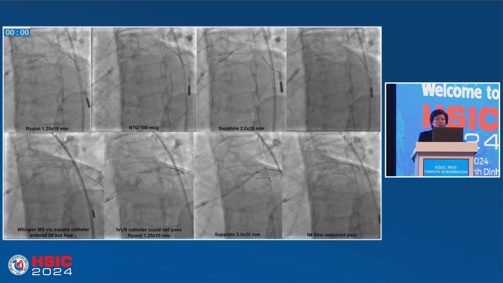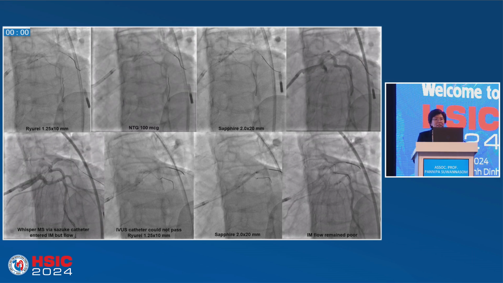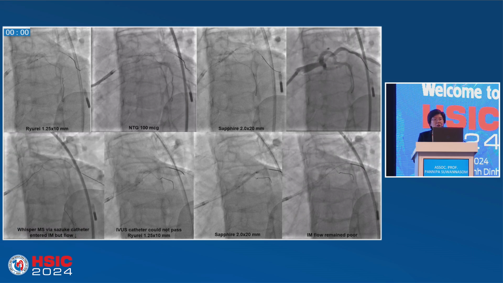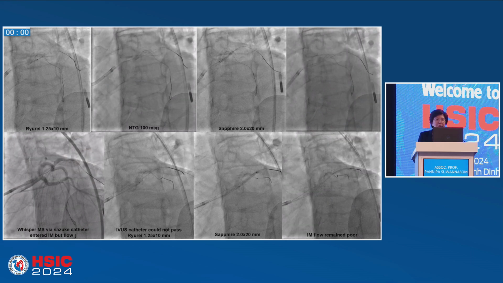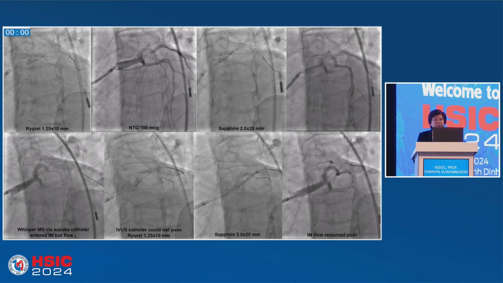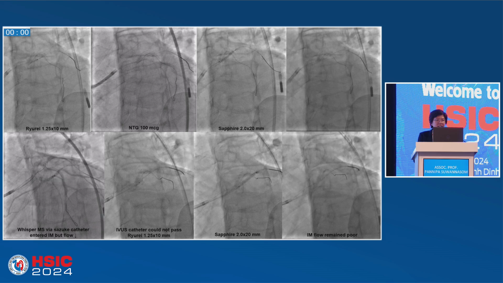Finally, I use the small balloon to go under the left main strut and then dilate it. Okay, I can advance the balloon there, and as you can see, the flow becomes more or less better.